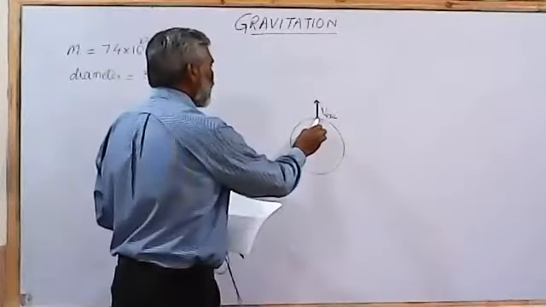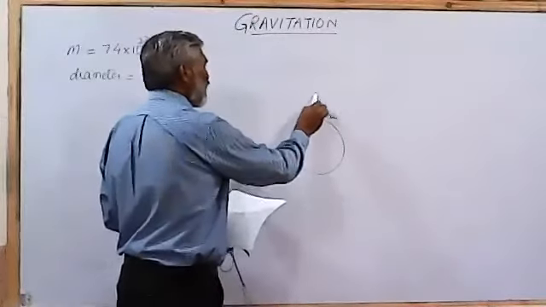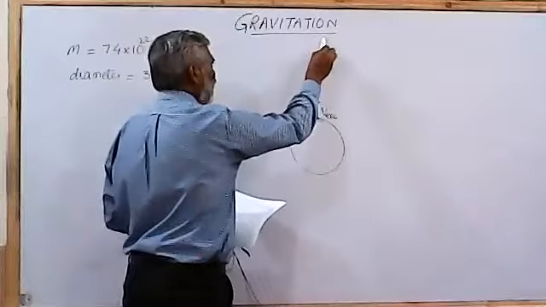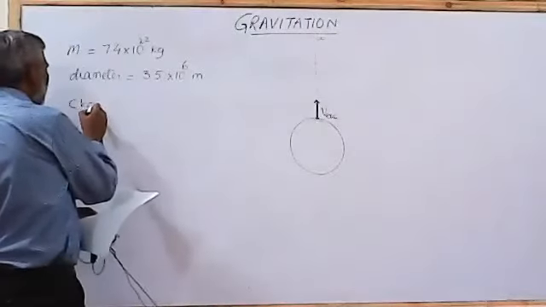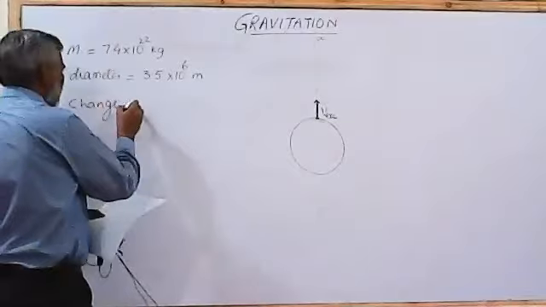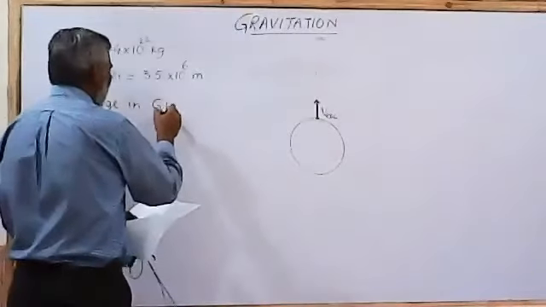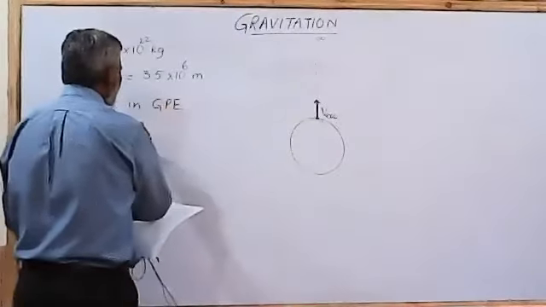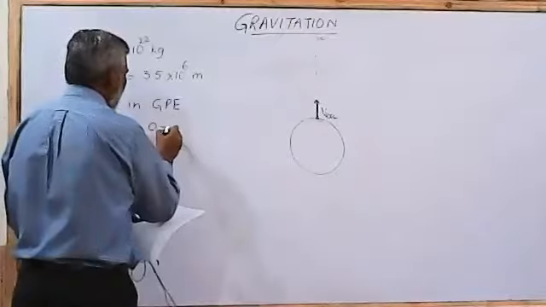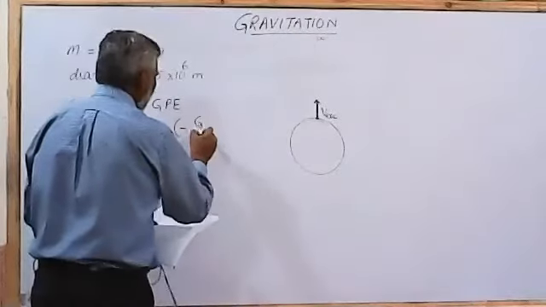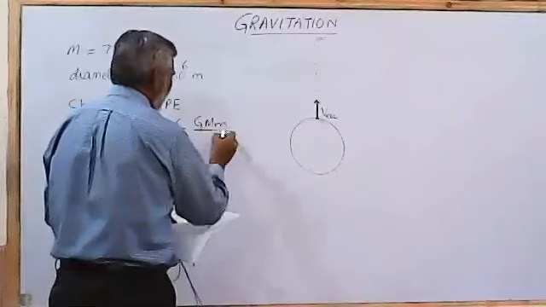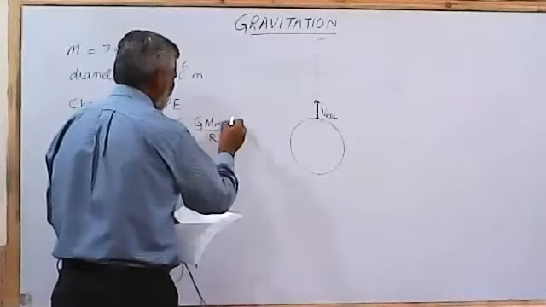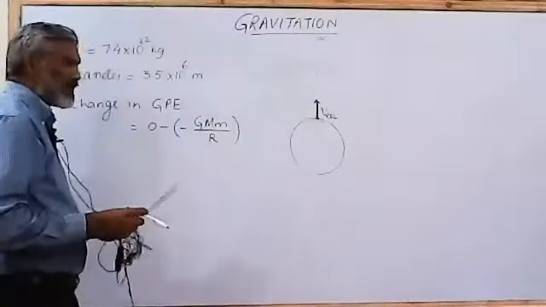And if we know it at the surface, and at infinity it is 0, the change in gravitational potential energy will be 0 minus GMm over R. This R is radius of the Moon.